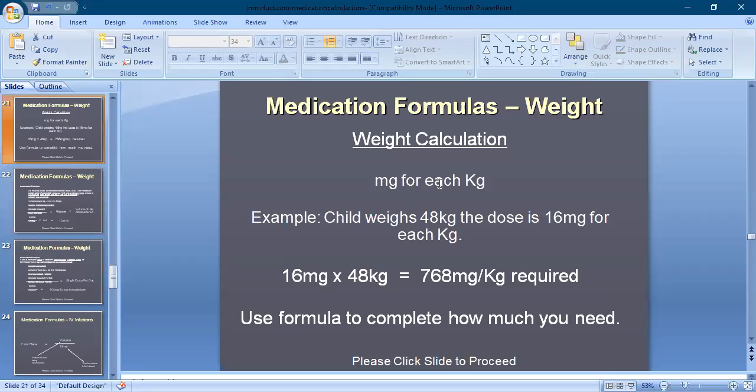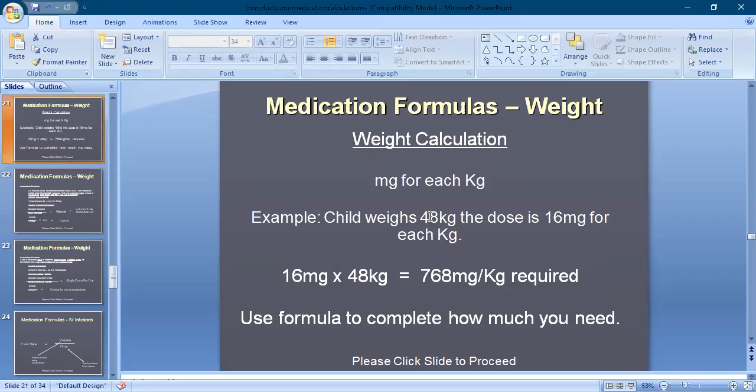So if the patient weighs 25 kg, then 5 times 25. Another example, the child weighs 48 kg, the dose is 16 milligram for each kg, and the patient weighs 48 kg.